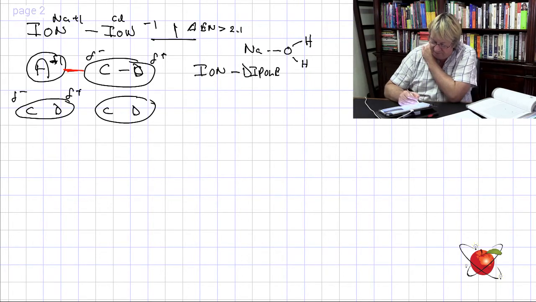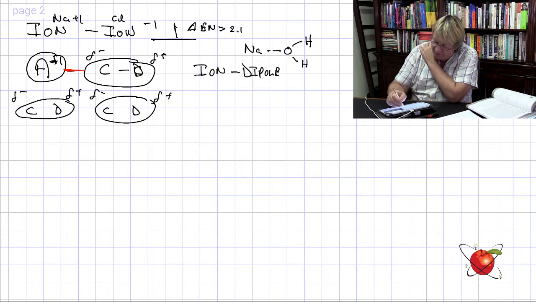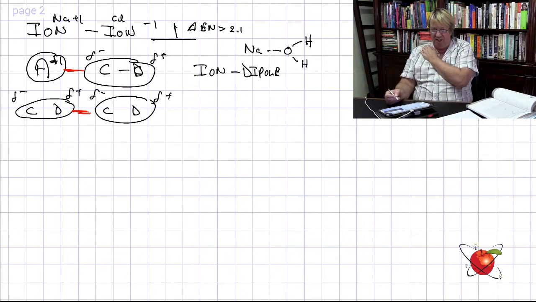What happens here? In here, this is my negative side, this is my positive side. What happens between those two? Once again, I can get an attractive force between them, can't I? Because I've got a positive and a negative side, and I get my force of attraction between the two sides.